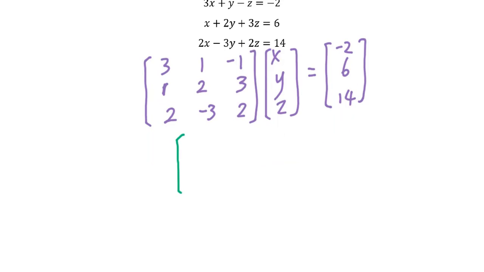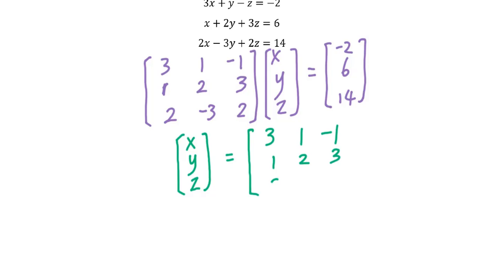You can write [x; y; z] equals the matrix [3, 1, -1; 1, 2, 3; 2, -3, 2] to the negative first power times [-2; 6; 14].